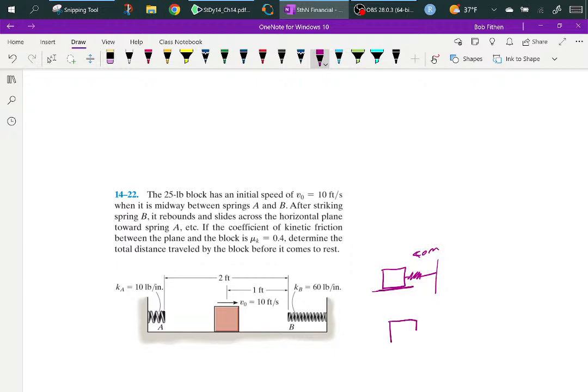In other words, if I do a balance of forces, this force from the spring offsets the static friction. That is possible, that it could bounce back and forth and then get stuck right there. But we'll first operate on the premise that it doesn't do that.